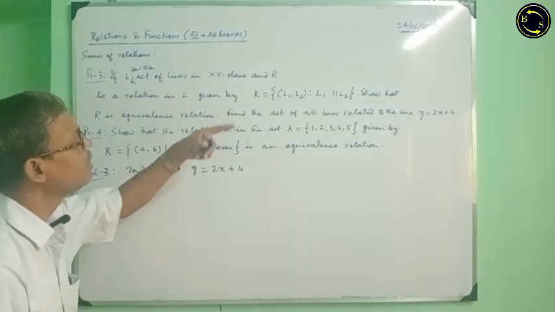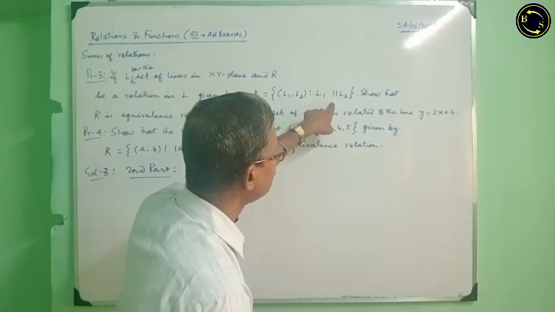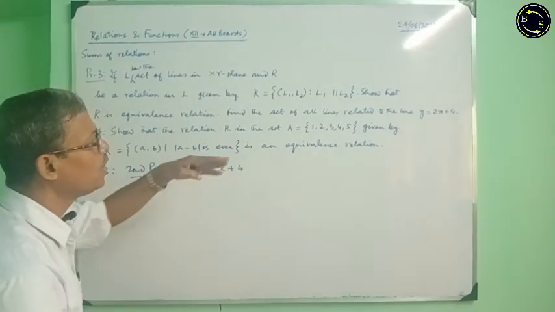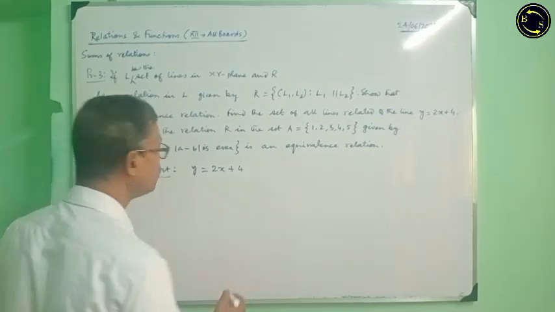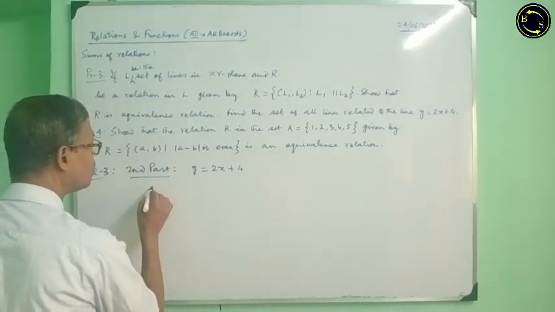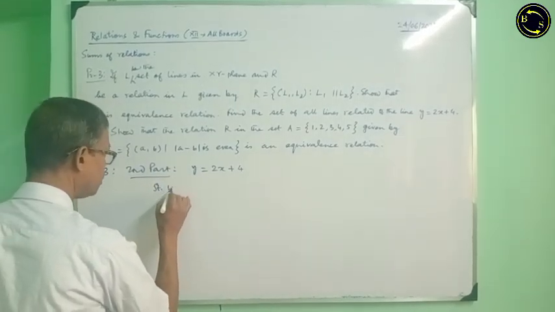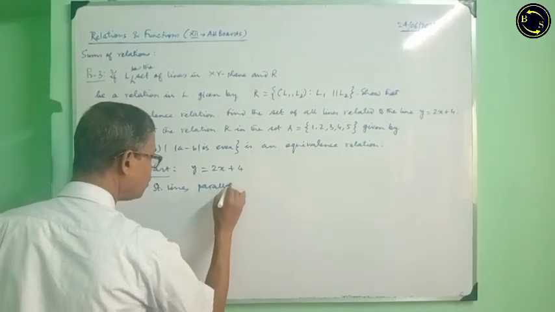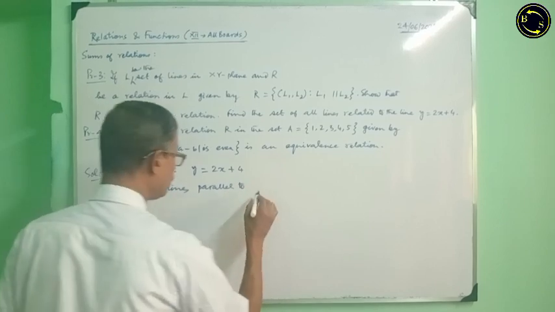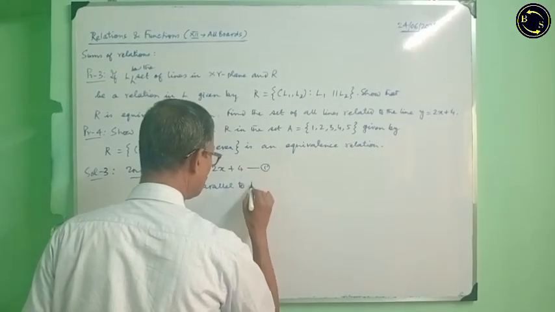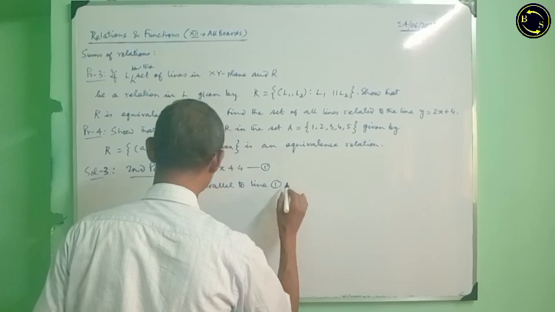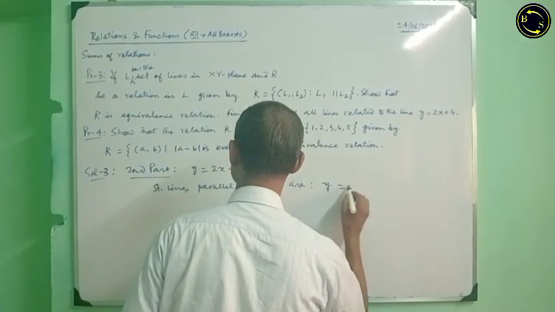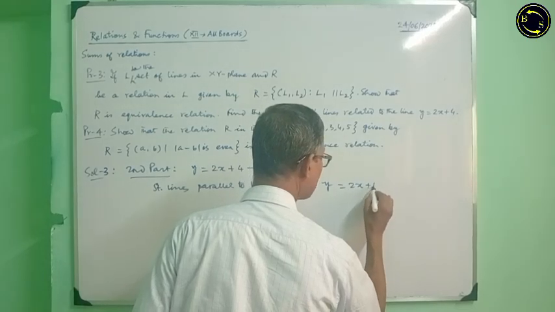Since the relation is parallelism, therefore the set of all lines which will be parallel to this straight line, line 1, are y is equal to 2x plus k.